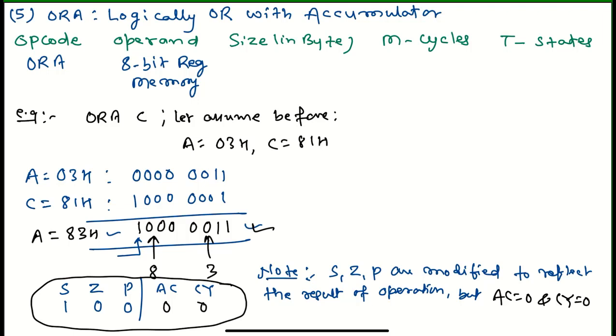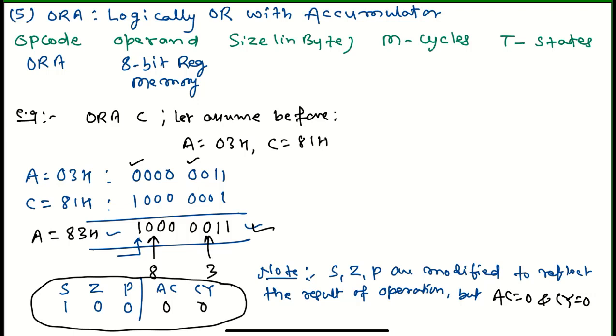Whenever we are performing this logical operation, there is no chance to generate an extra bit from the fourth stage as auxiliary carry, and there is no way to generate an extra bit from the eighth stage at the carry position. Due to that reason, the carry and auxiliary carry cannot be generated from this logical ORing operation. So as per the design, the auxiliary carry will be reset and the carry bit will also be reset.